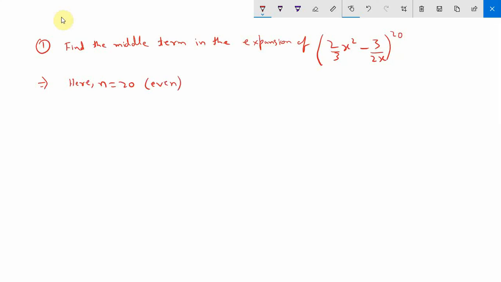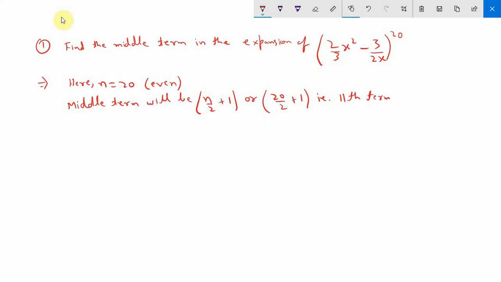So we will have 21 terms and the middle term will be n by 2 plus 1, or 20 by 2 plus 1, that is the 11th term. Okay, the 11th term we will find, say T11, or we can write T10 plus 1.